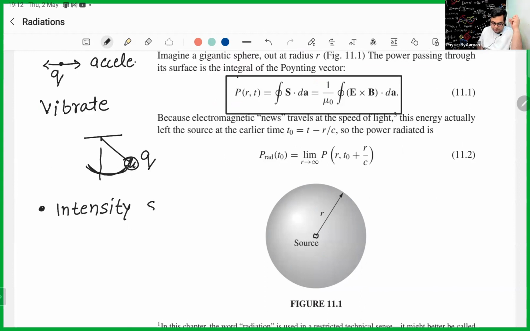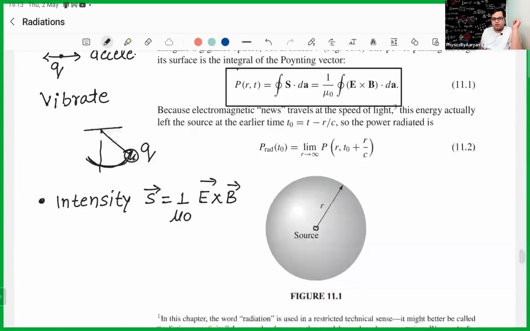And that intensity is defined by the Poynting vector, and the Poynting vector is given by 1 by mu naught, E cross B. Any electromagnetic wave or any radiation has electric fields and magnetic fields, and these fields are carrying the energy from one place to another.